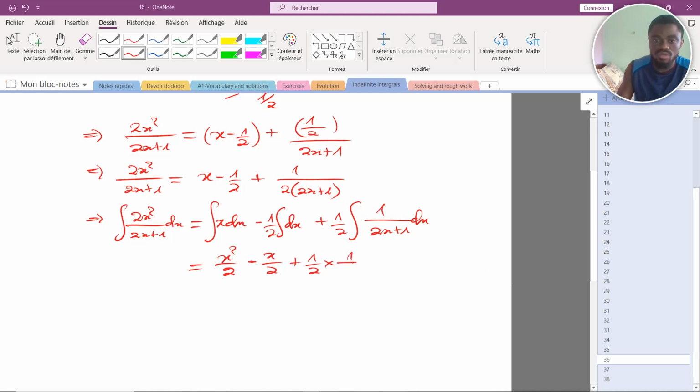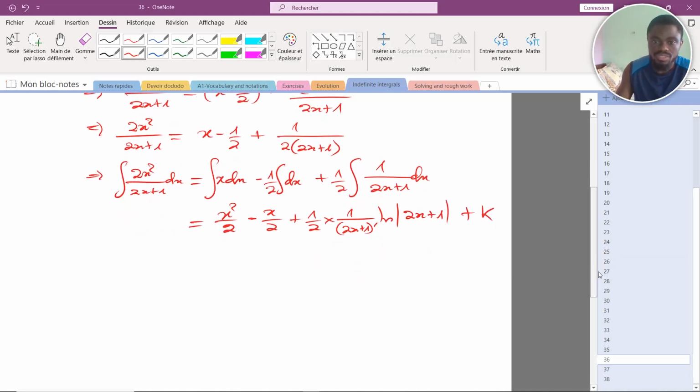So this will give 1 over (2x+1)' ln of the absolute value of 2x+1 plus our constant of integration. So this will be equal to x squared over 2 minus x over 2. When I differentiate this, I will have 2. So this will give plus 1/4 ln of the absolute value of 2x+1 plus our constant of integration.